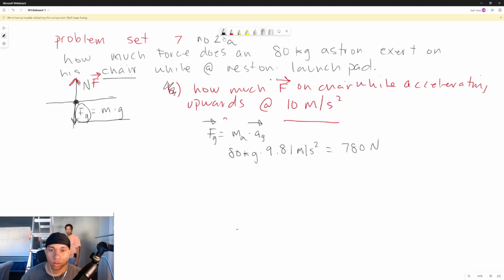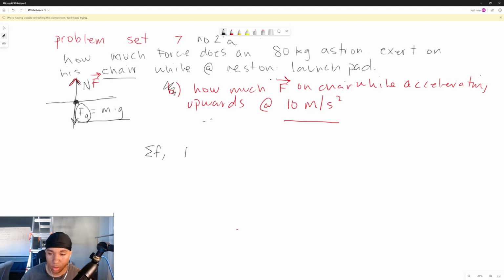And for the B part, or the second part of the question, we were trying to find the forces acting upon him. There's a force thrusting him upward, so he's accelerating up. So the direction of this force is up, right? Something's pulling him. So we have the sum of forces in y is equal to mass times acceleration.